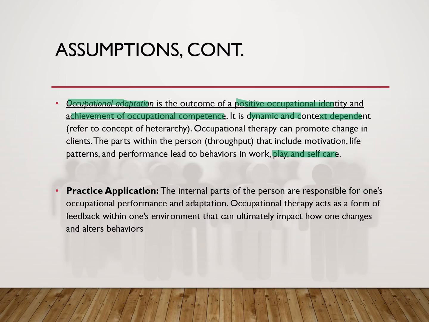So your occupational therapy acts as a form of feedback. So occupational therapy, what you're doing for your patient, is that feedback or part of that feedback within one's environment that can ultimately impact how one changes and alters their behavior. So I've said this before, if a person does not know how to fix themselves, they're going to go to OT.